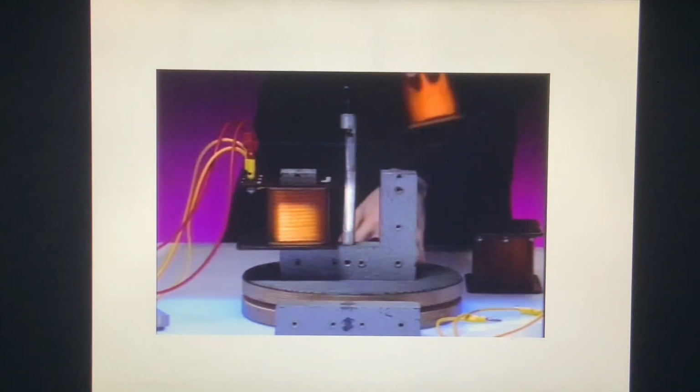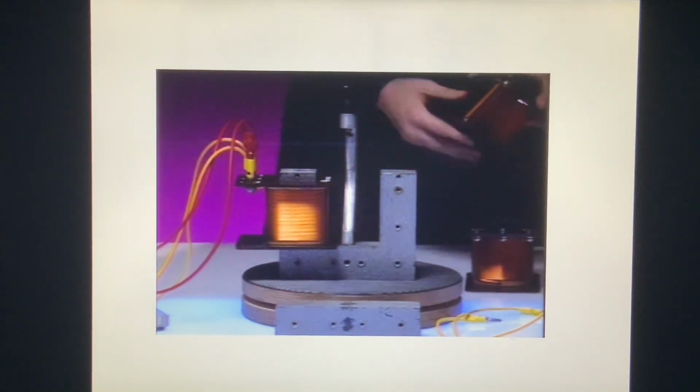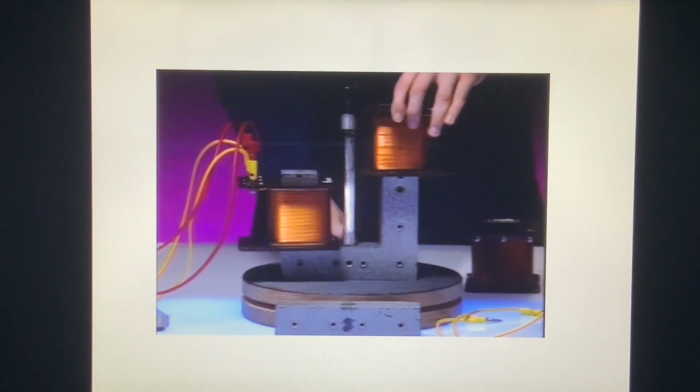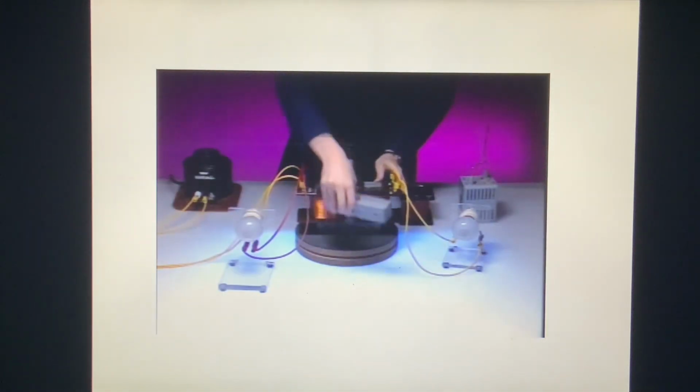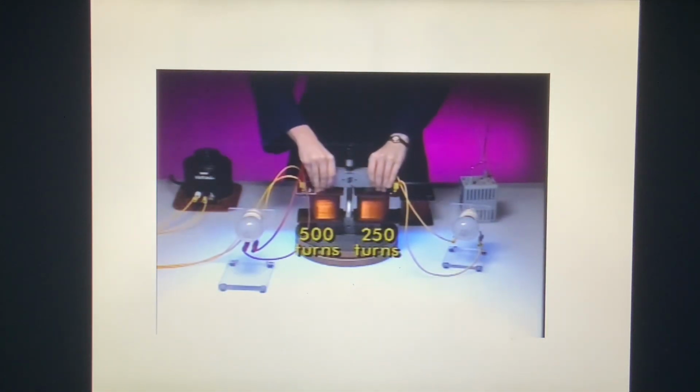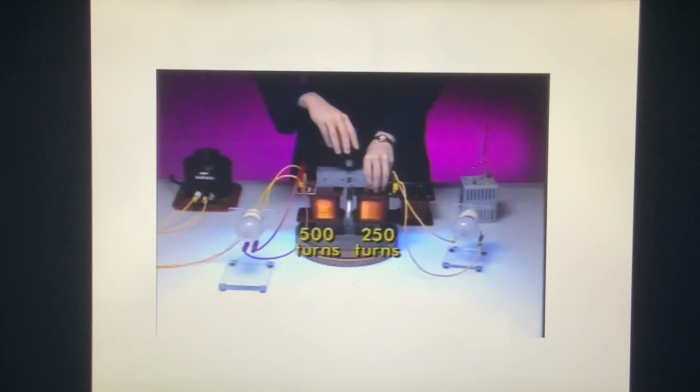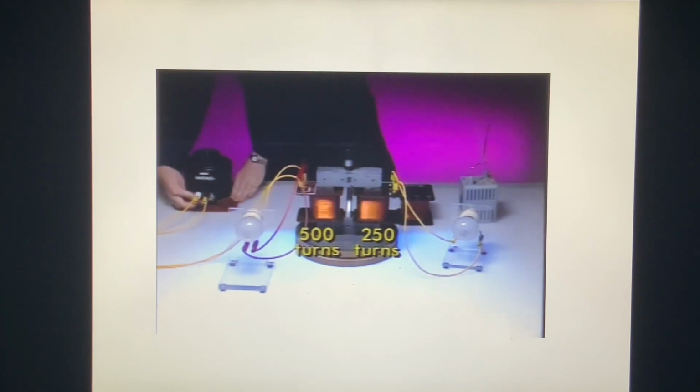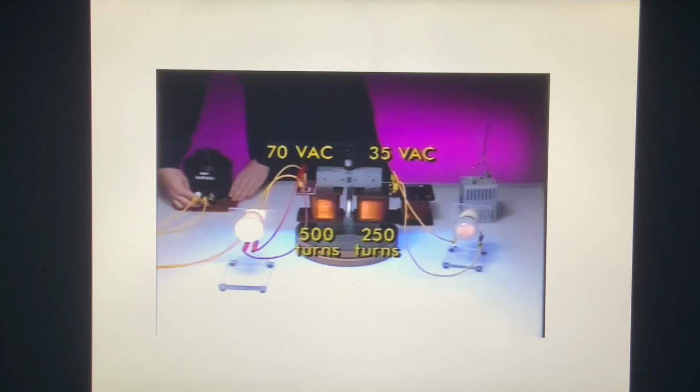Let's replace the second coil with a 250 turn coil. How bright will the bulb be on this coil? The bulb is much dimmer on this coil, since the output voltage of the coil is only about 35 volts.